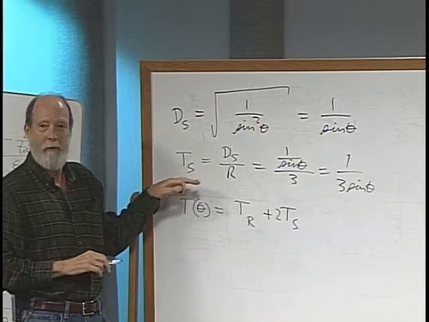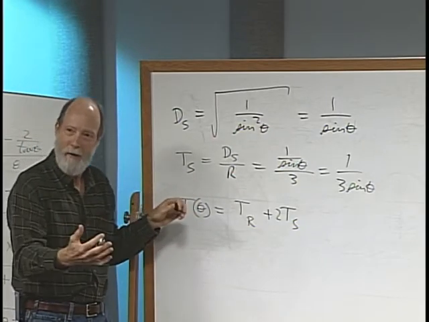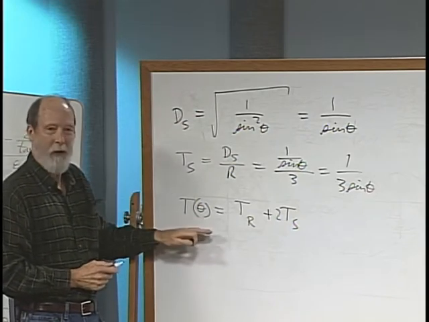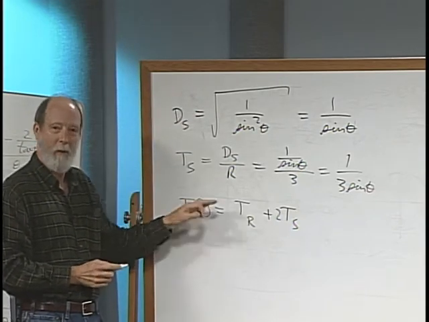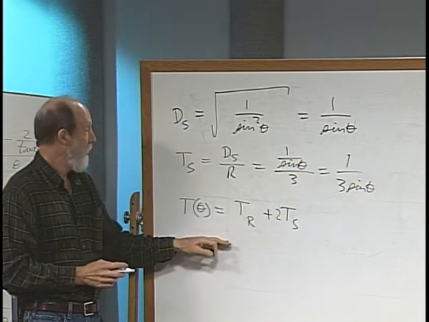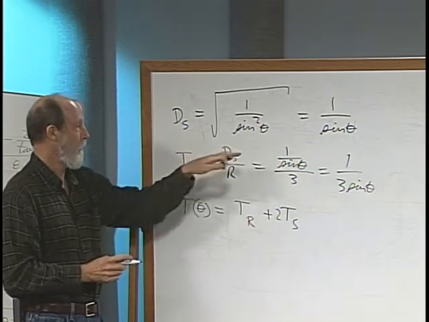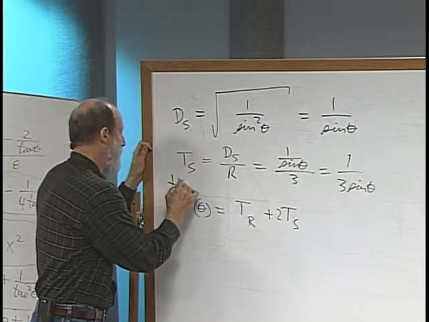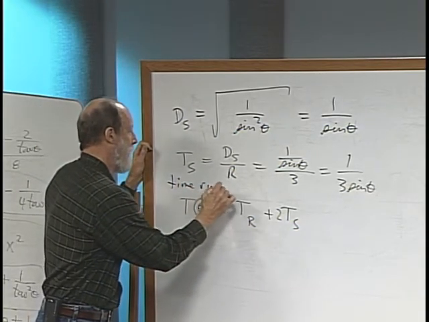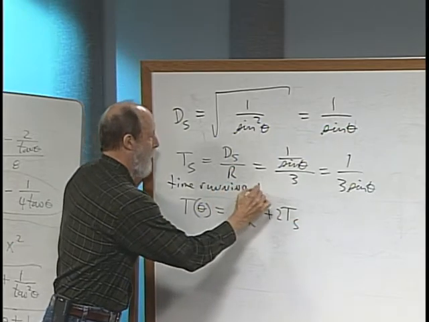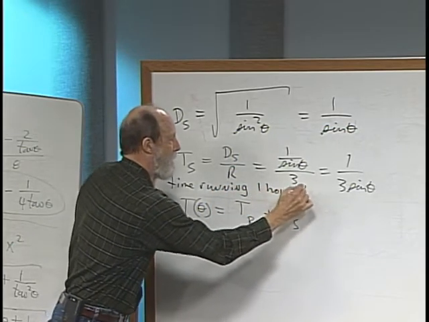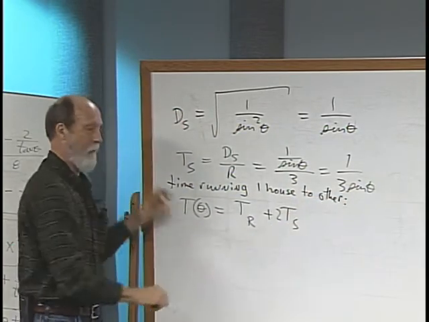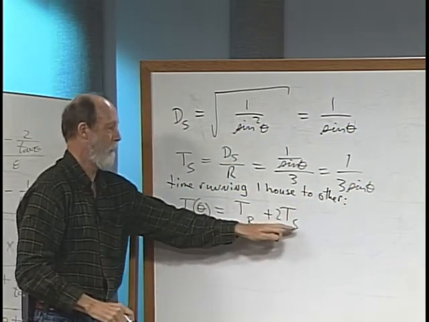Notice over the years I've gotten into a habit, which we're trying to teach in most of our courses, is we want you to write step-by-step development and show your work in a way that makes sense. And one thing you might do is insert the English comments that I've been encouraging you to do. The time running from one house to the other is then going to be this, time on the road plus 2 times running on the sand.